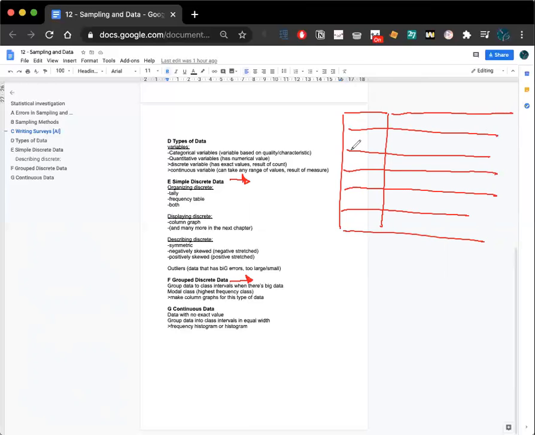So, for example, we have the data of plates. Maybe in some restaurants we have the data of one to 10 plates.